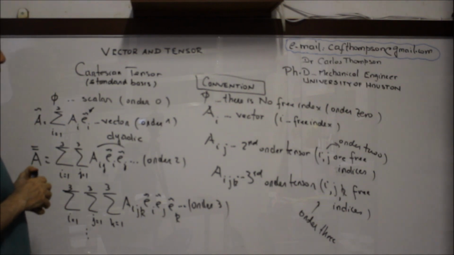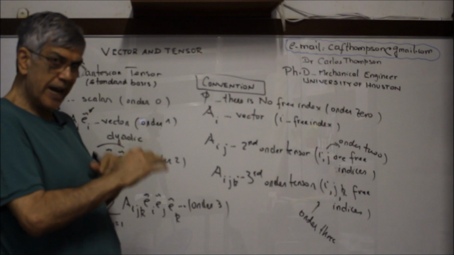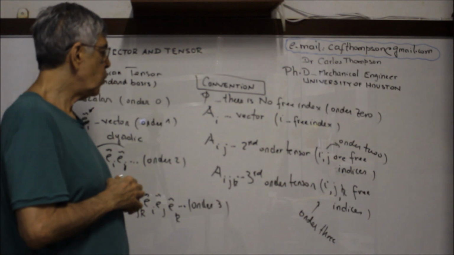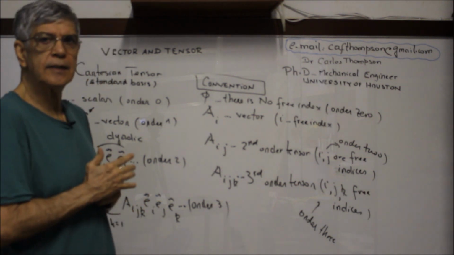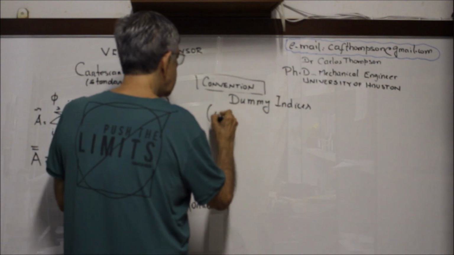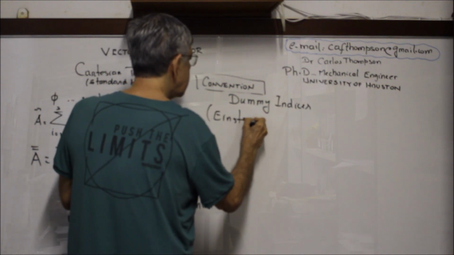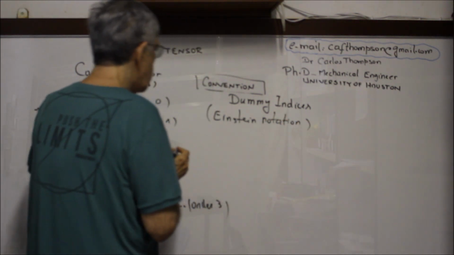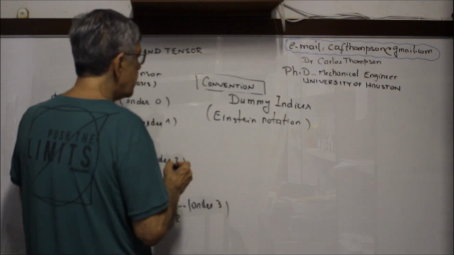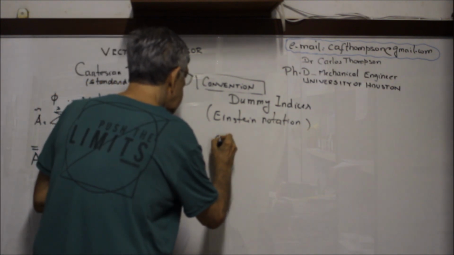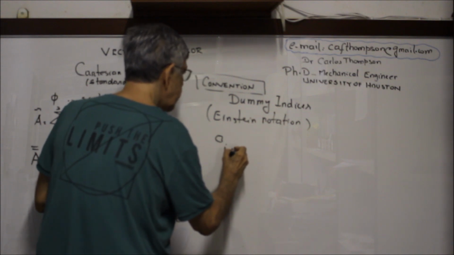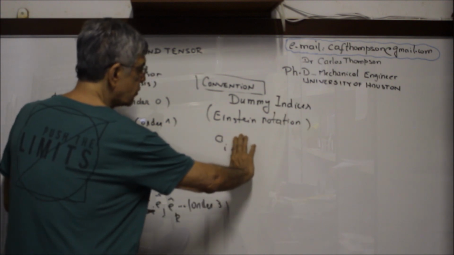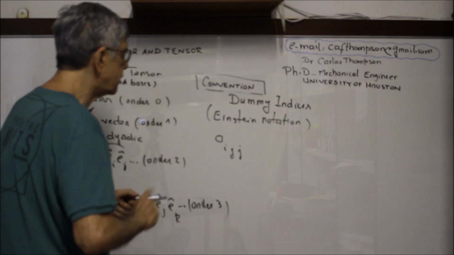Now, going one step ahead, we will see what dummy indices are. Dummy indices, this is Einstein notation. Suppose I have a tensor A_ijj. This A_ij is a tensor. A_ijj is not a tensor.